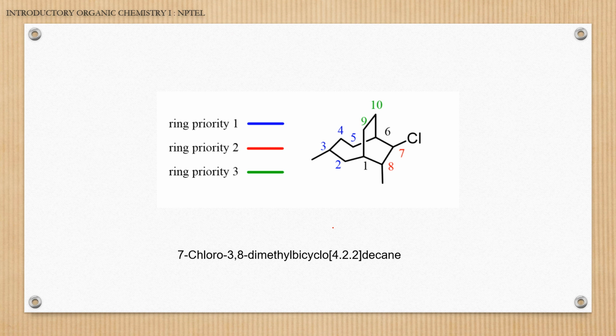You have that methyl group at the 3 position rather than the 4 position if you go from this side. So you also have to keep the IUPAC nomenclature rules in mind. Is it clear why this compound is 7-chloro-3,8-dimethylbicyclo[4.2.2]decane? Any questions up to here?